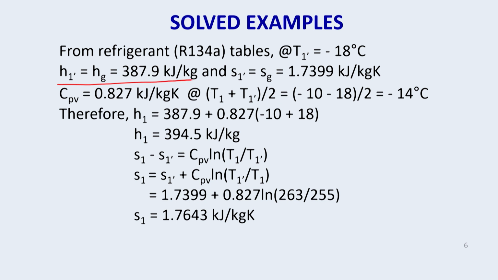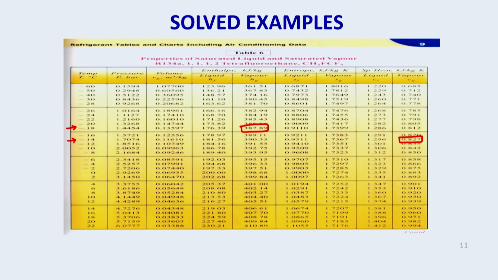Let us take the entropy value also, because we will require it to find S1. So let us take S1 dash, the entropy at 1 dash at minus 18 degrees centigrade. The vapor entropy is 1.7399.